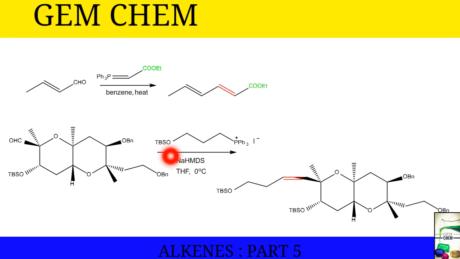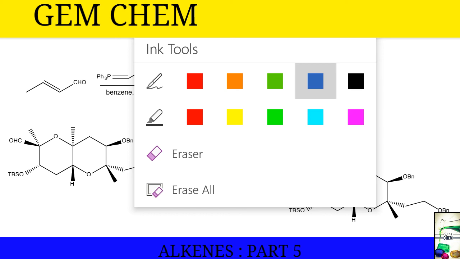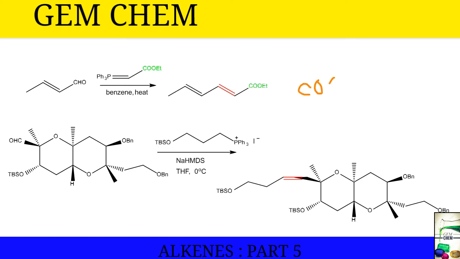Now see the example. For this one, see, this is an aldehyde and this is a ylide. Now see, this COOEt group is an electron withdrawing group. So it results in the product which has a trans alkene, right?